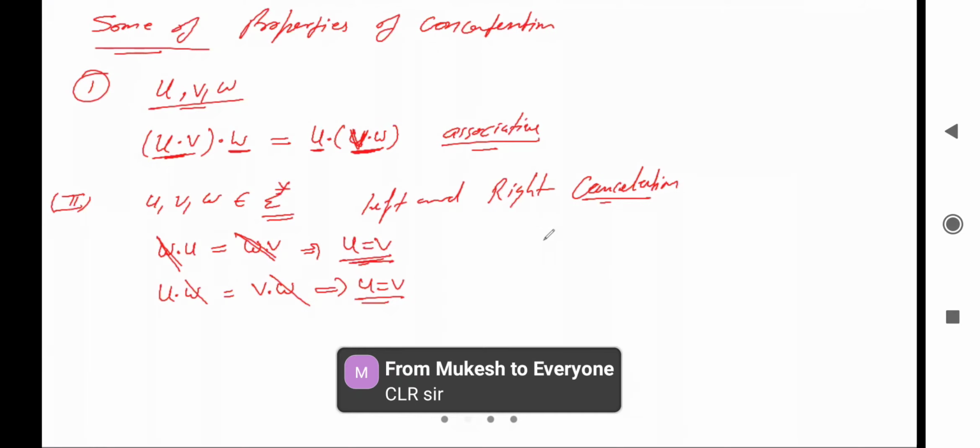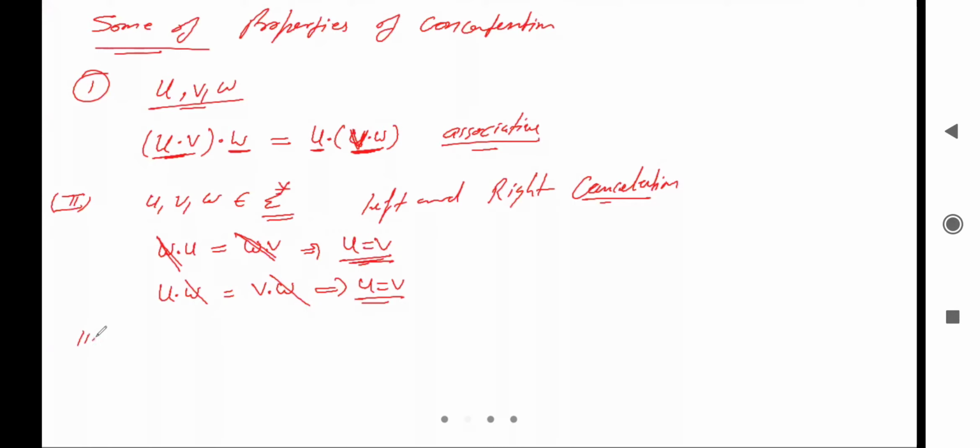Now let's see the next thing. Next thing we can say, for U and V that belong to sigma star, the length of UV is equal to the length of individual U plus the length of individual V. So this is the next property.